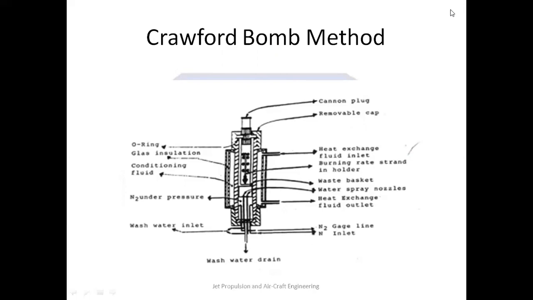The propellant is ignited at the top by means of a hot wire, and the burning rate is calculated from the distance between the wires and the elapsed burning time between the fuse wires. This is one of the most commonly used methods to determine the burning rate of an engine.